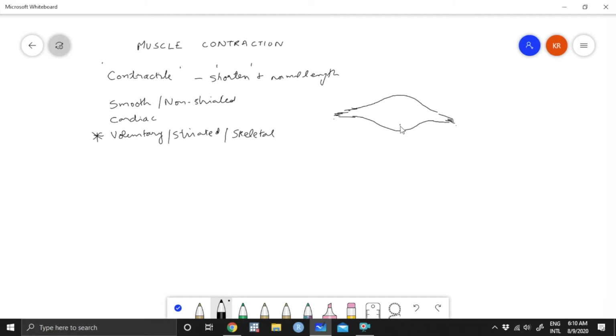If you take a small part of this, we will find that the muscle is made up of several bands, what we call fasciculi.